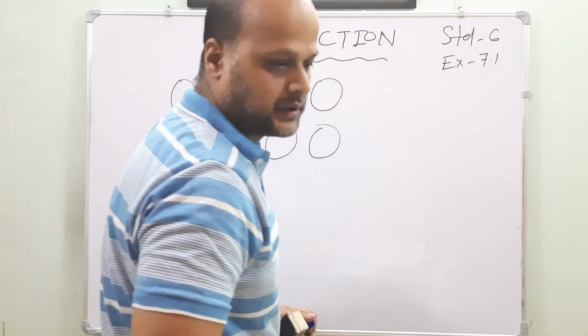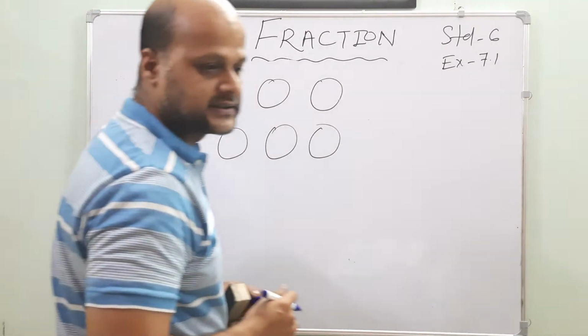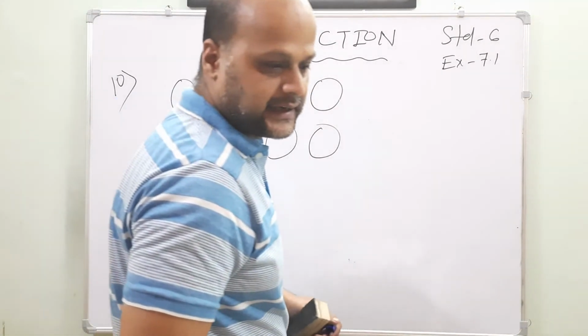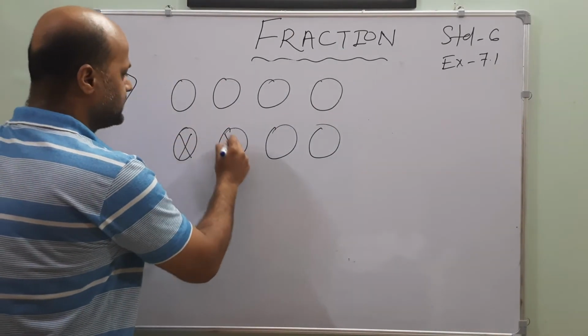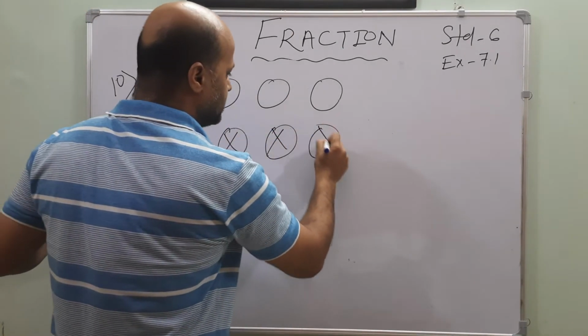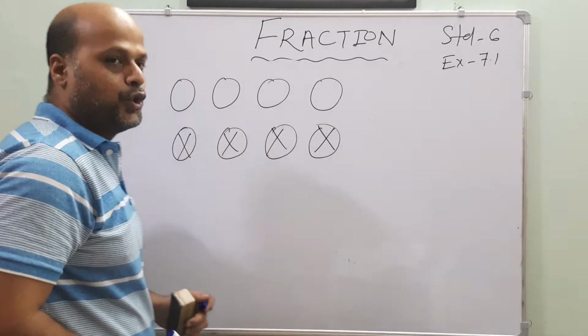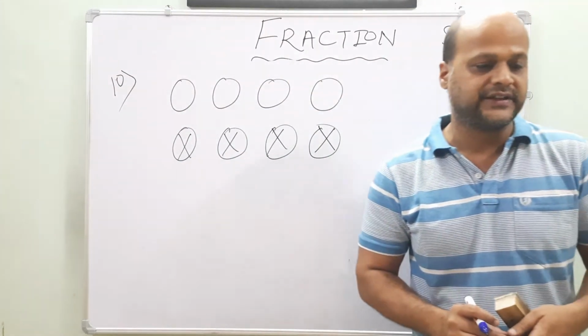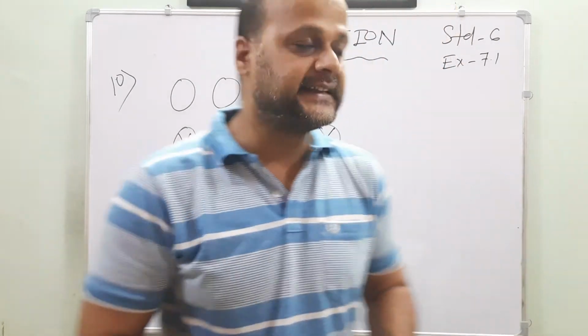This is question number 10. And the x are present below. X, X, X, X. It's saying what fraction of this circle having x in there?